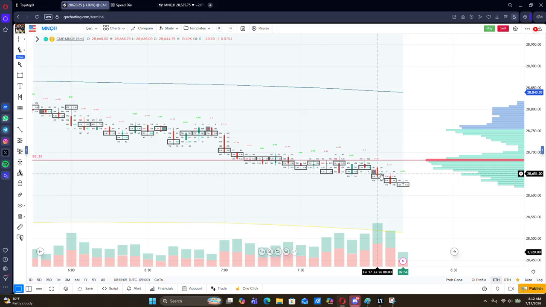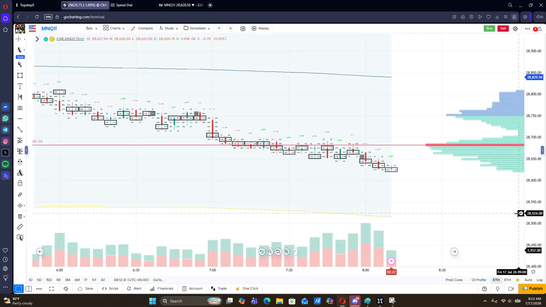The way that I know that I'm on the same scale every day is I take my cursor and measure how big one of these imbalances is. So this one is about 660 down to 650. So these are 10-point imbalances. This 10-point range here had an imbalance in it.